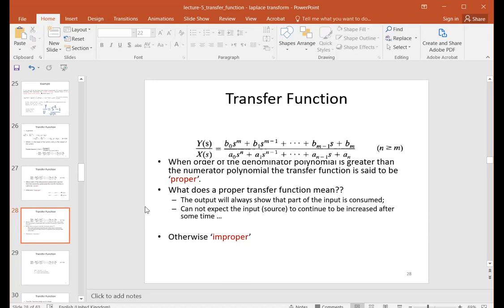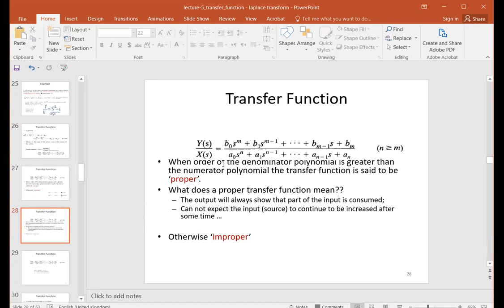Okay, so this is always, I have n equal or larger than m. That's for my input, and that's for my output, the B's, and this is the input.